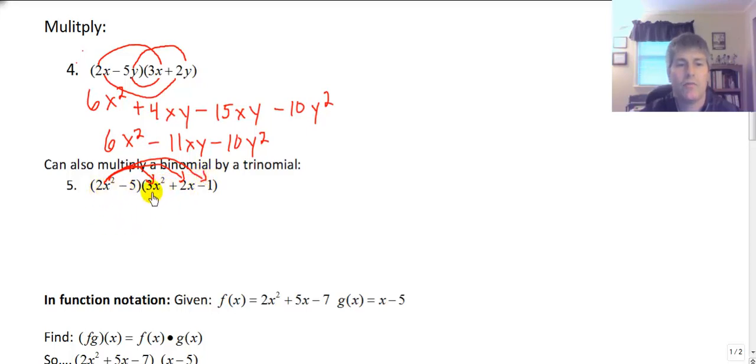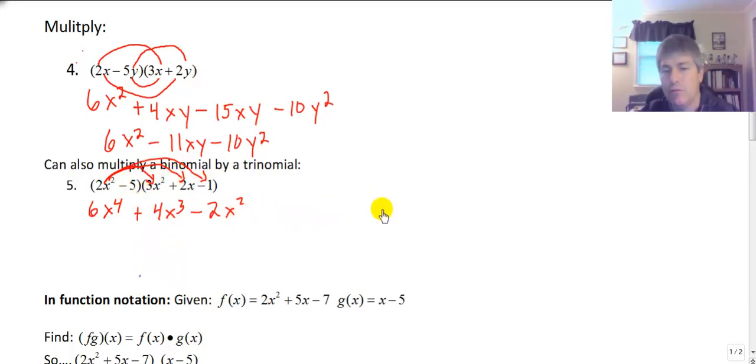So 2x squared times 3x squared, we get 6x to the fourth. 2x squared times 2x, and we get a positive 4x cubed, and 2x squared times negative 1, and we get a negative 2x squared. And we can continue this process when we multiply the negative 5 times every term.